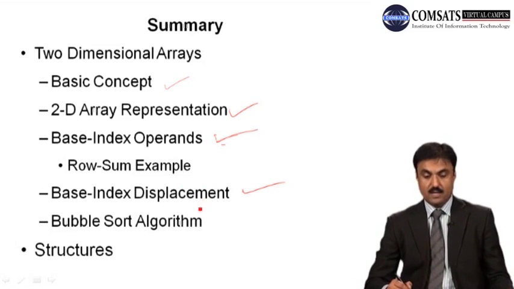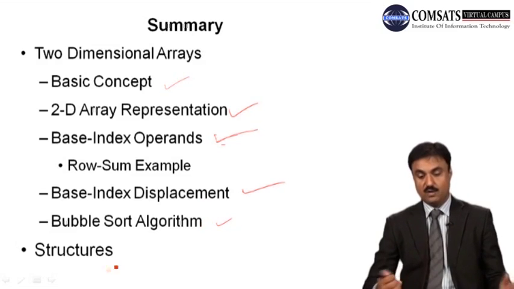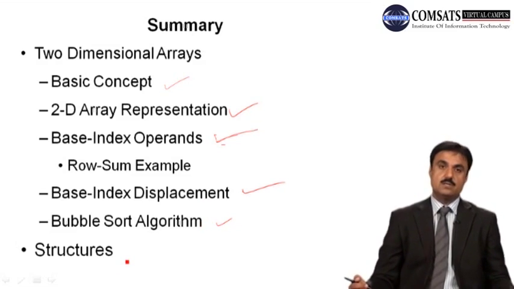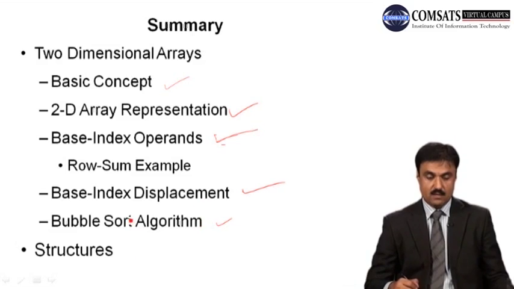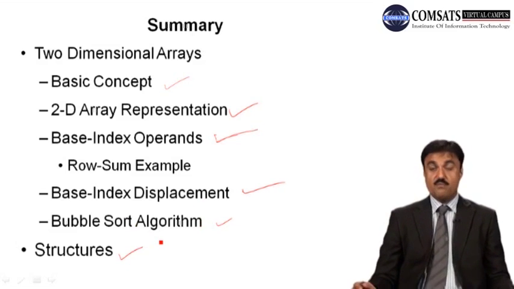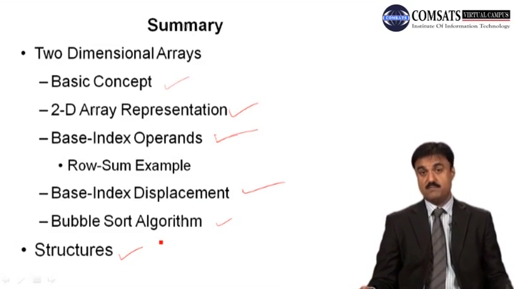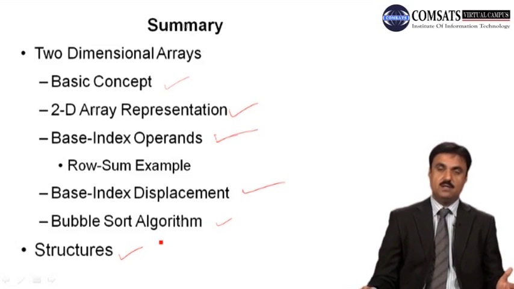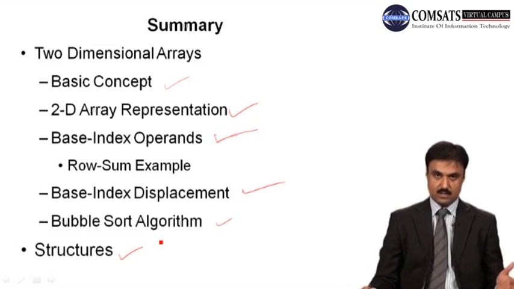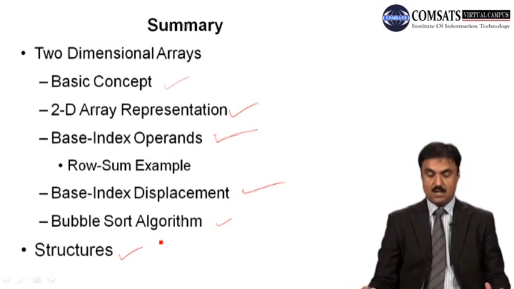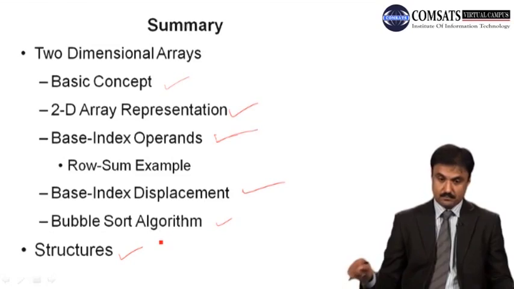Then we saw the bubble sort algorithm, one of the algorithms used to sort elements. Then we went through structures, a very brief introduction: how we can define a structure, how we can declare variables of the structures, and how we can access the members of a structure.